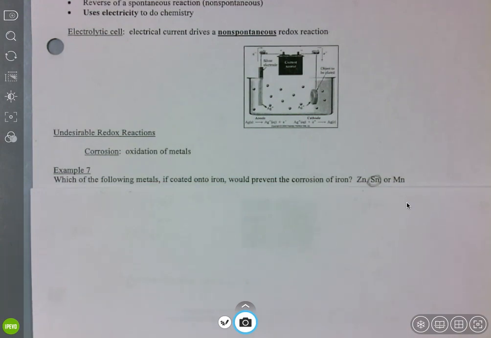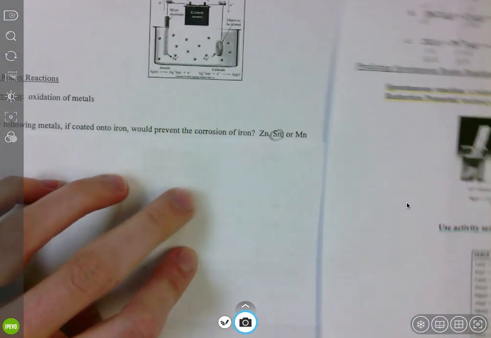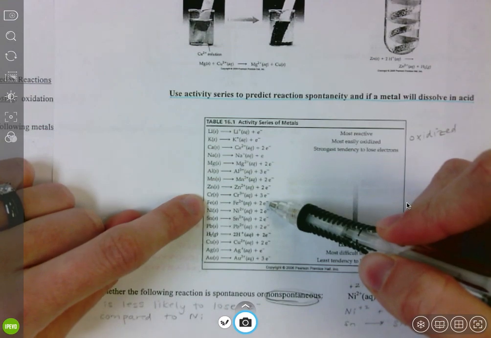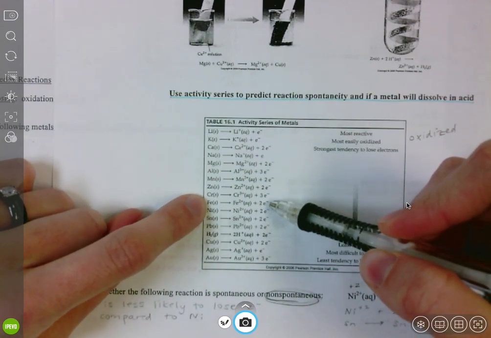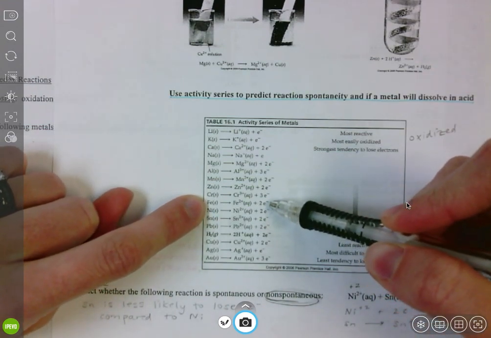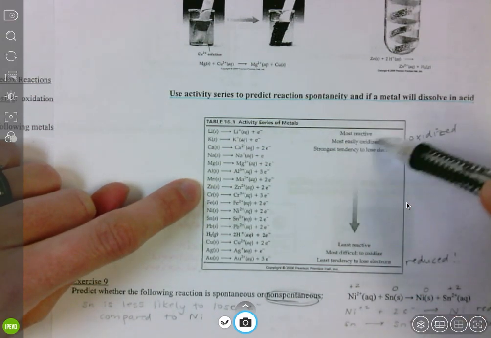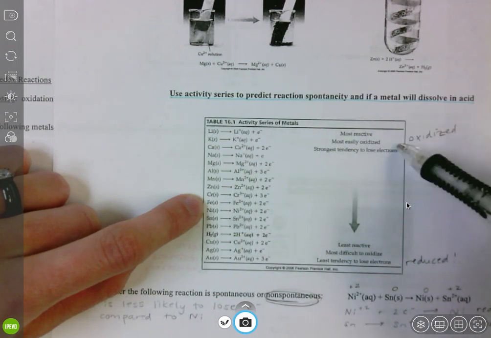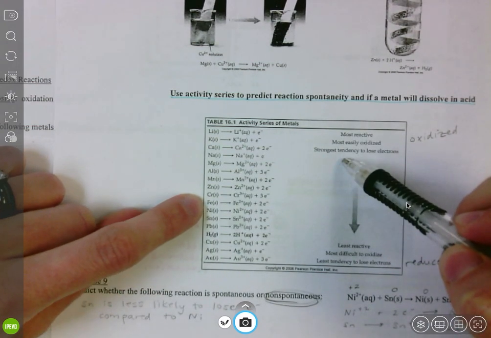So let's look at the activity series for these 3 metals relative to iron. So iron is here towards the middle-ish. And we are looking at zinc. So zinc is up above. Zinc is more reactive than iron is. So it's more easily oxidized.